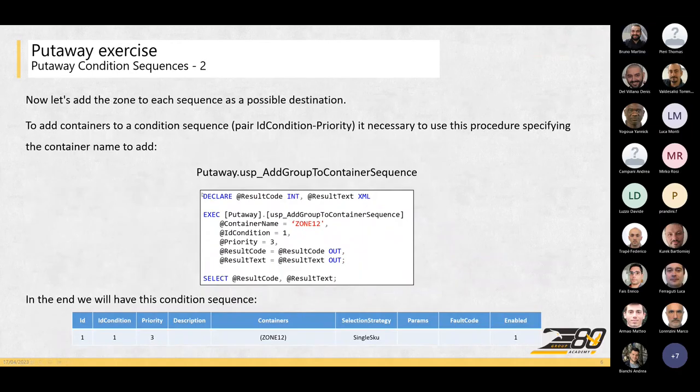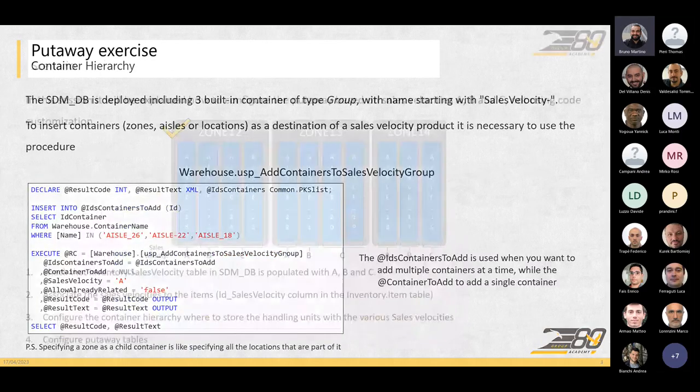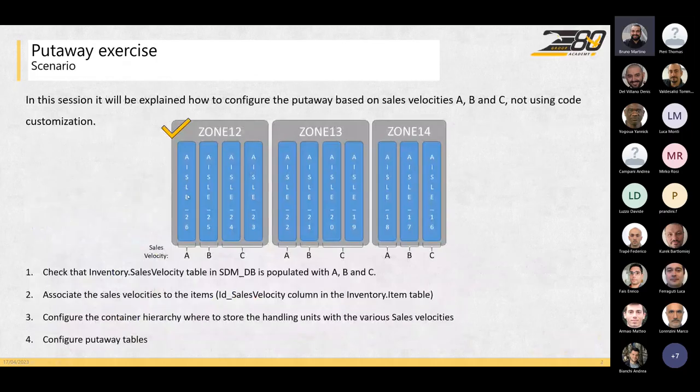After that, what we will have to do? I go back to the image. We have to specify for the item with sales velocity A, the intersection between the group sales velocity that is composed by IL26, IL22, and IL18 in intersection with zone 12.